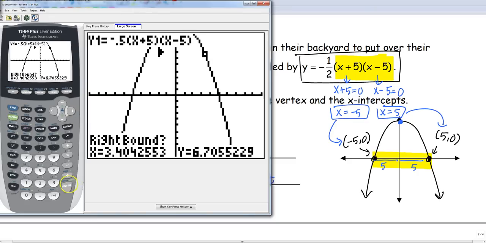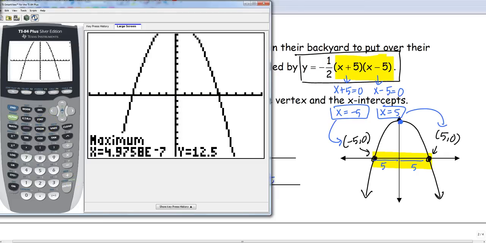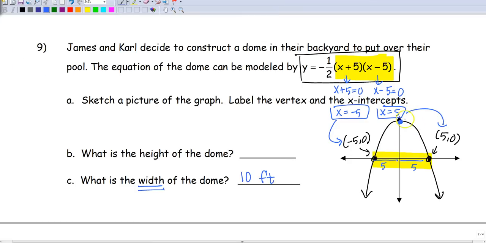Get yourselves on the right, 1 enter. Guess, go to the middle. And I'm going to kind of guess just somewhere in the middle there. Remember, anything with an E is a 0, so your answer might look a little different, but it's about 0, 12.5. That means your height is 12.5 feet.